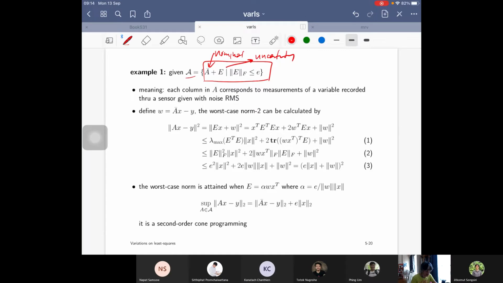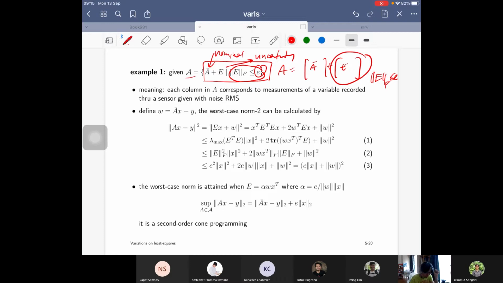And the uncertainty is varied, but I control the size of the uncertainty using the Frobenius norm of E. So my matrix A is decomposed as A bar and the error term, but for the error term, I control the magnitude by using the Frobenius norm. The scalar small e is given by the user.